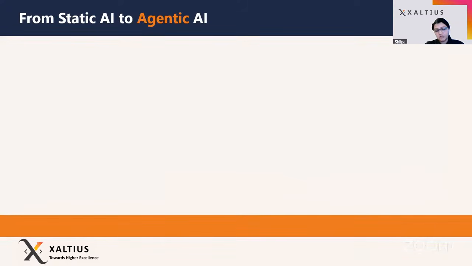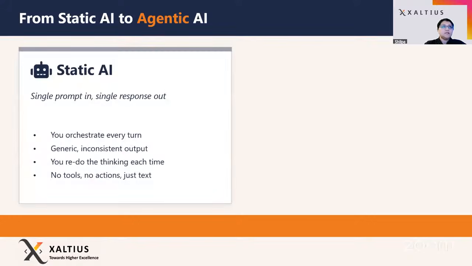To answer that question, let's see how AI itself is shifting today. First, static AI that you have here on my screen. This is our standard process where there's a single prompt that's going in and a text response that's coming out of your tool.